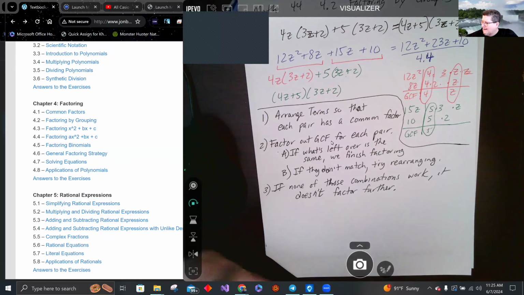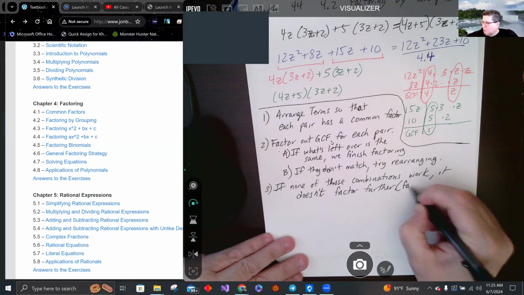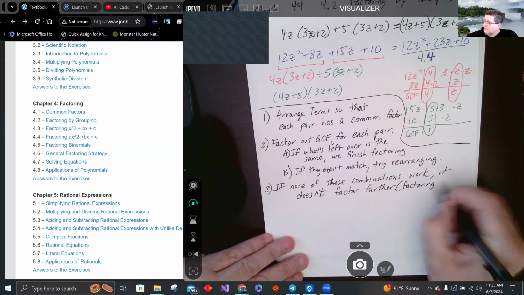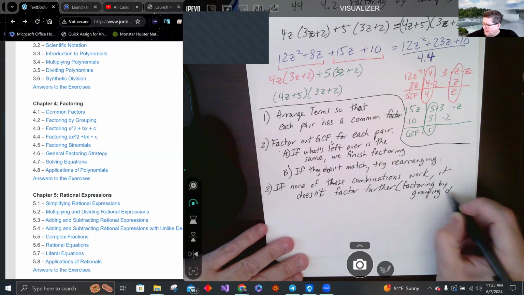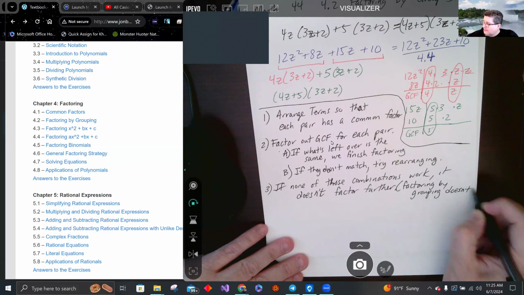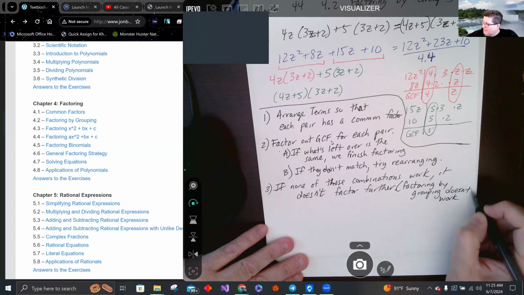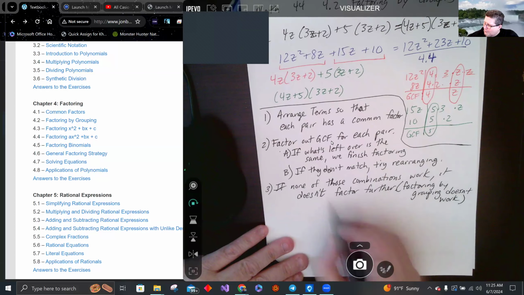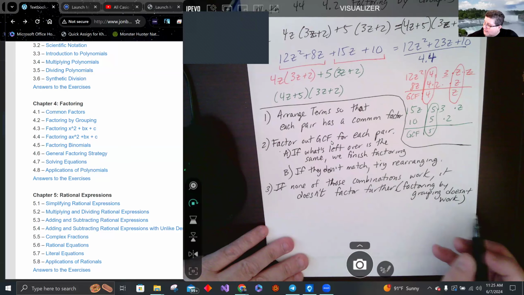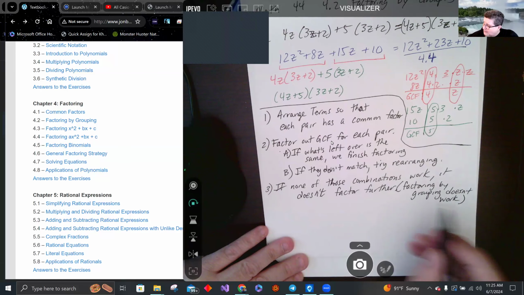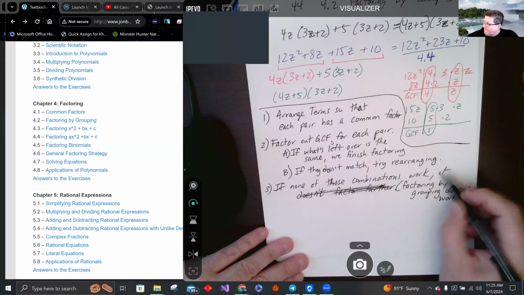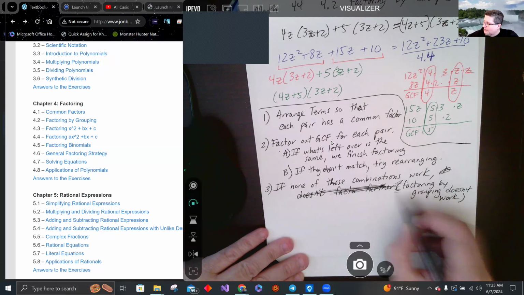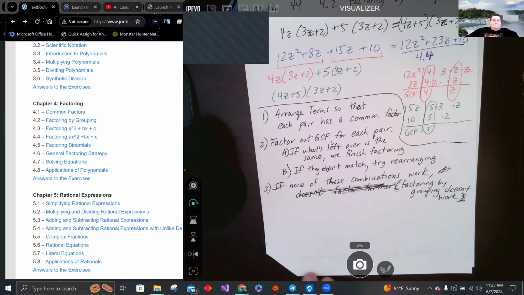Or at least factoring by grouping doesn't work. That's probably the better thing to say. It might factor further, but none of these combinations work, so factoring by grouping doesn't work. There we go. We're going to go with that.